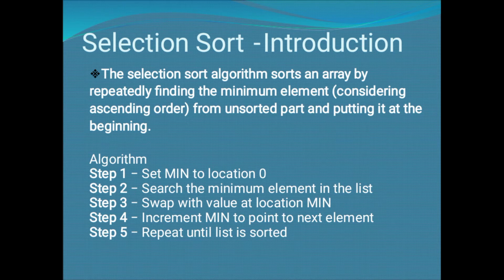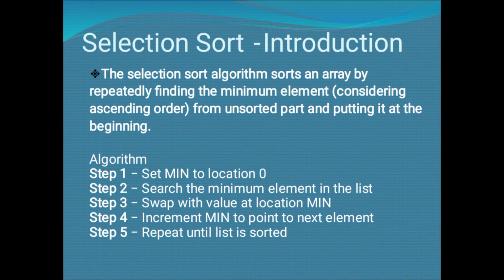To understand this algorithm clearly, what is the procedure going on here is, first they will be giving us an unsorted array, and in that unsorted array I will be finding the minimum element, that is the smallest element in that array. I will take that minimum element from that location and place it at the 0th location.